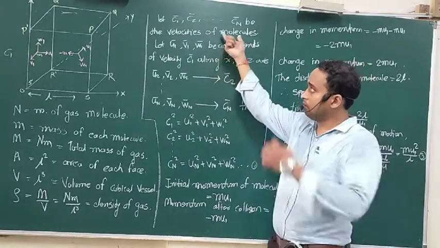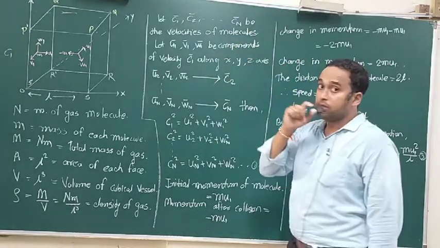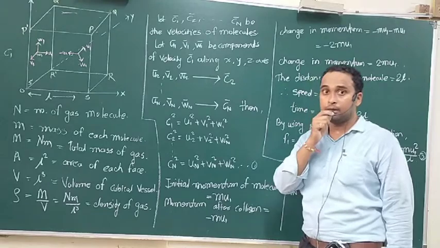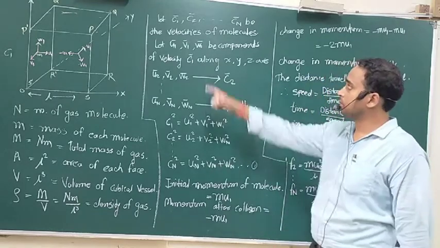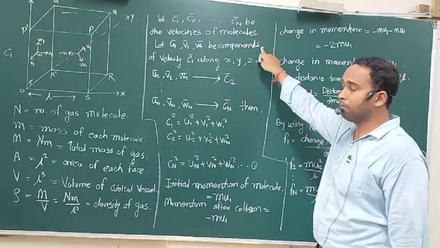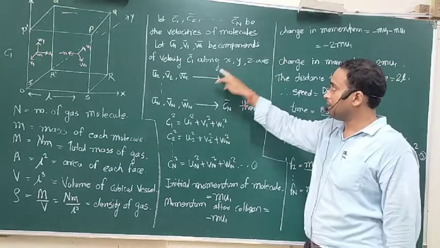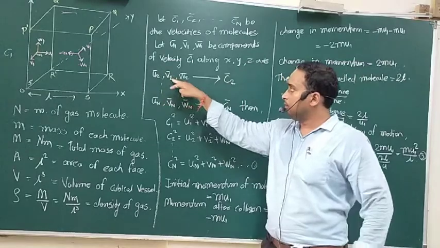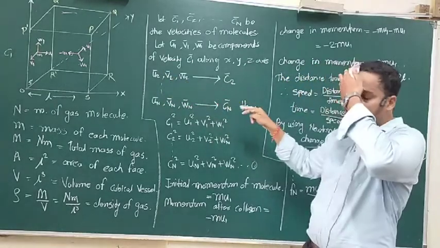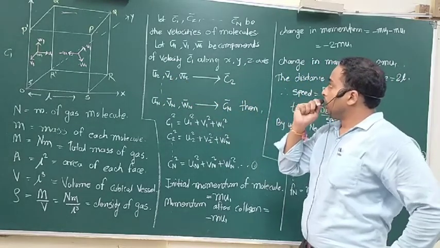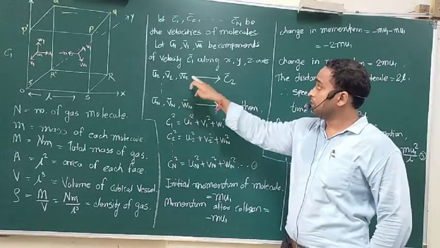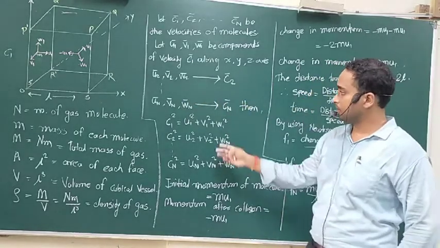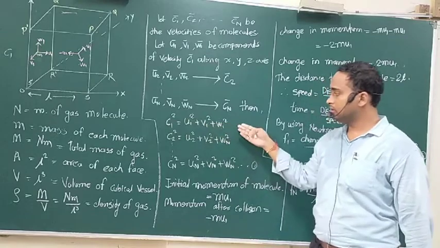These velocities can be resolved into 3 components. U1 bar, V1 bar, W1 bar be the components of velocity C1 bar along XYZ axis. Similarly, U2 bar, V2 bar, W2 bar be the components of velocity C2 bar. So C1 square is equal to this.